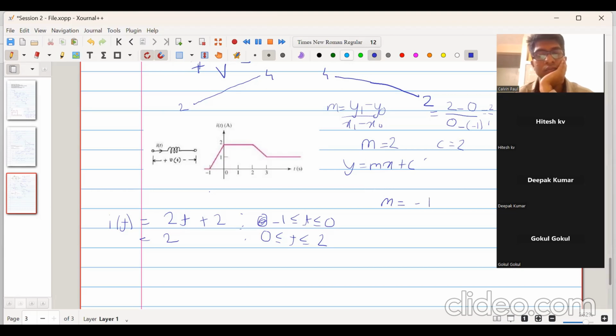Okay, -1, so -t plus 3. According to Deepak, the equation is -t plus 3. So, can you verify whether it is correct or not?